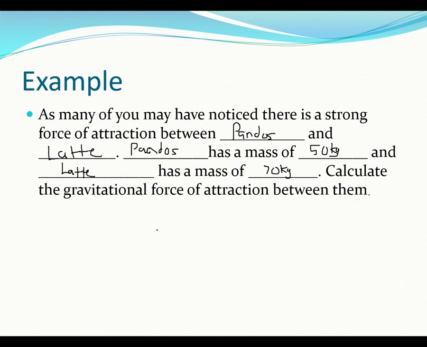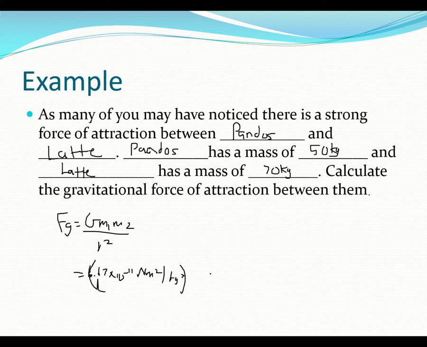I'm in the library still, and Pandos is working upstairs, so I'd say the distance between us is about 12 meters apart. So we can use our new formula, Fg equals G m1 m2 all over r squared, where G is 6.67 times 10 to the negative 11 newton meters squared per kilogram squared.